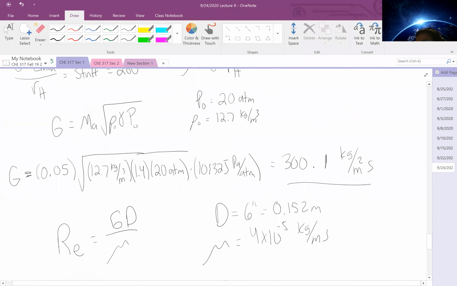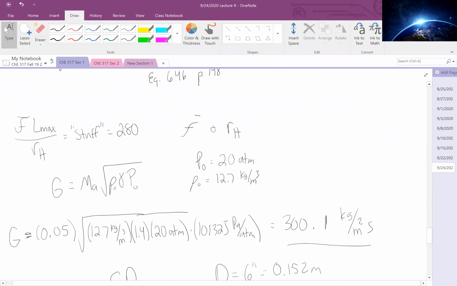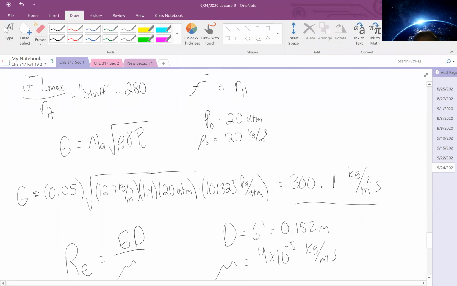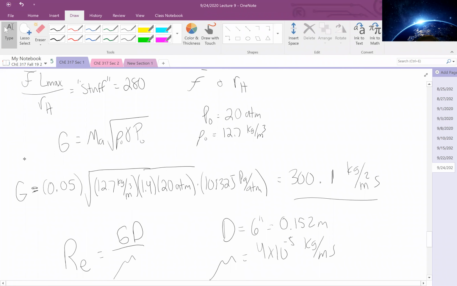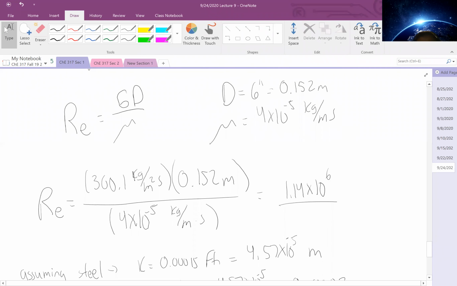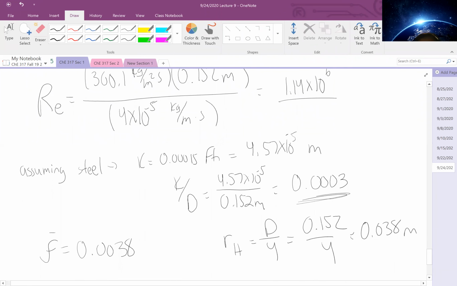So using equation 645, you really want to solve for that right-hand side. Then you have to identify the friction factor and your hydraulic radius. Once you have that, you can solve for your maximum conduit length.